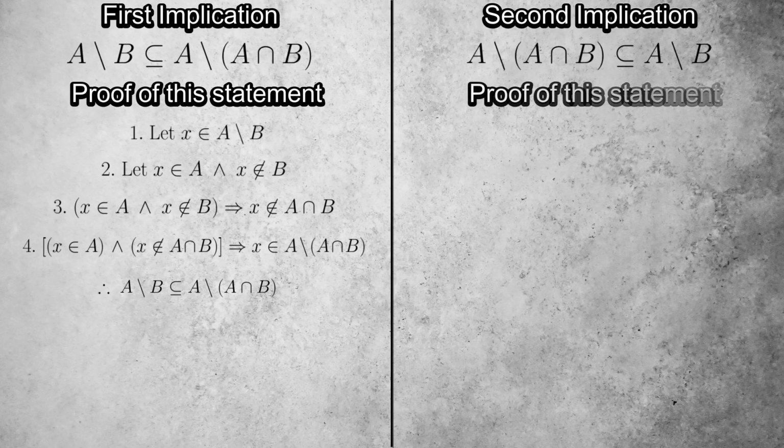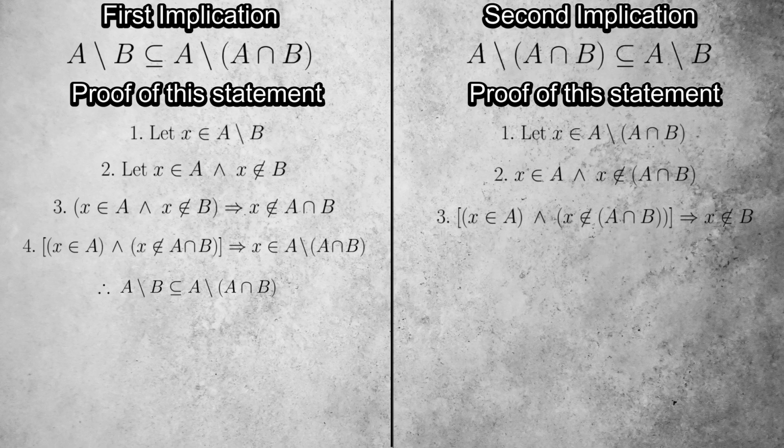Now we will show the reverse inclusion, meaning that A difference A intersection B is contained in A difference B. Now, if we take an element X in the difference between A and A intersection B, then this means that X is an element in A, but not an element in A intersection B. Now, if X is not an element in A intersection B, and X is an element in A, for this to happen, X cannot be an element in B, because if X is an element in B and also in A, then X would be an element in the intersection, but this would be a contradiction.